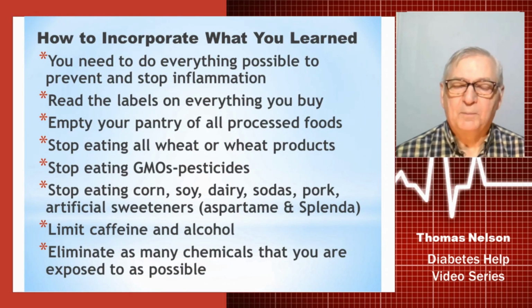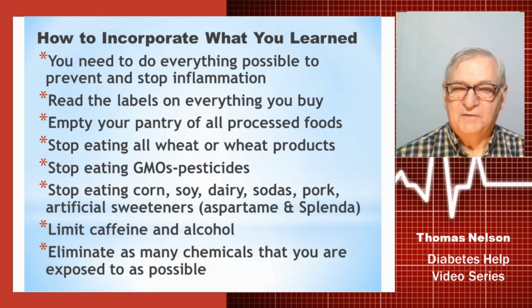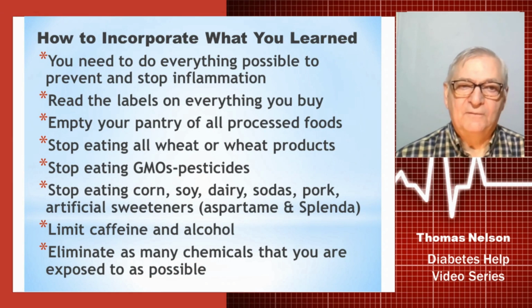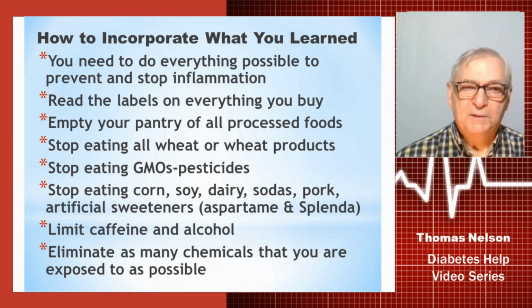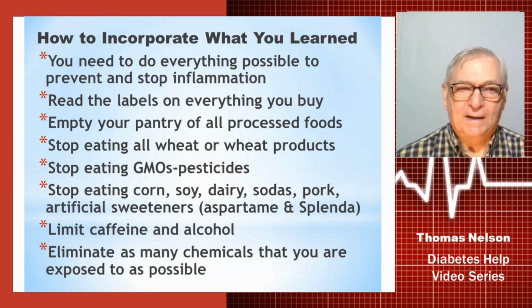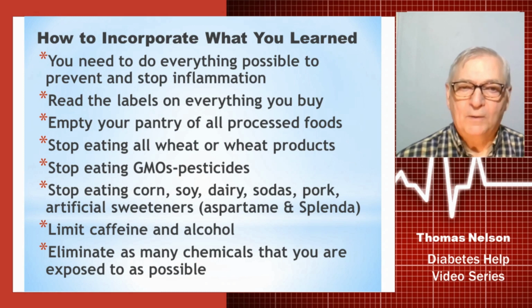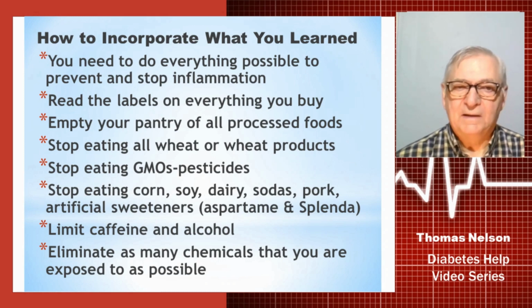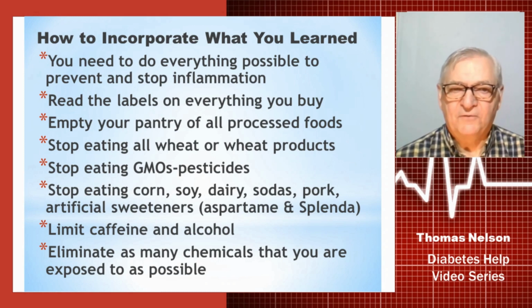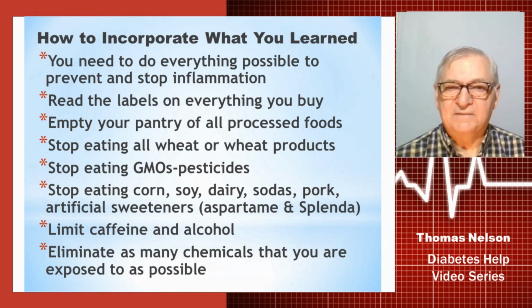So how do you incorporate all of this to make it work for you? You need first to do everything possible to prevent and stop inflammation. Read the labels on everything you buy. Empty your pantry of all the processed foods. Stop eating all wheat and wheat products. Stop eating GMOs, genetically modified foods. They may even have pesticides, or some of them are pesticides.